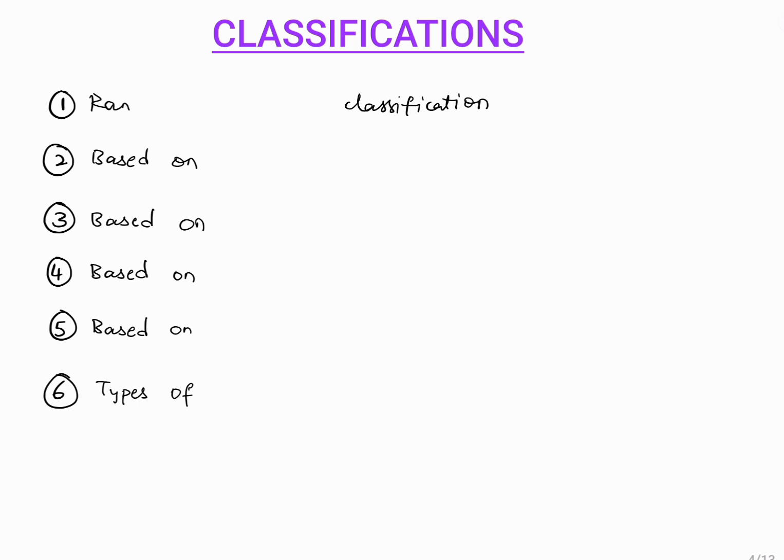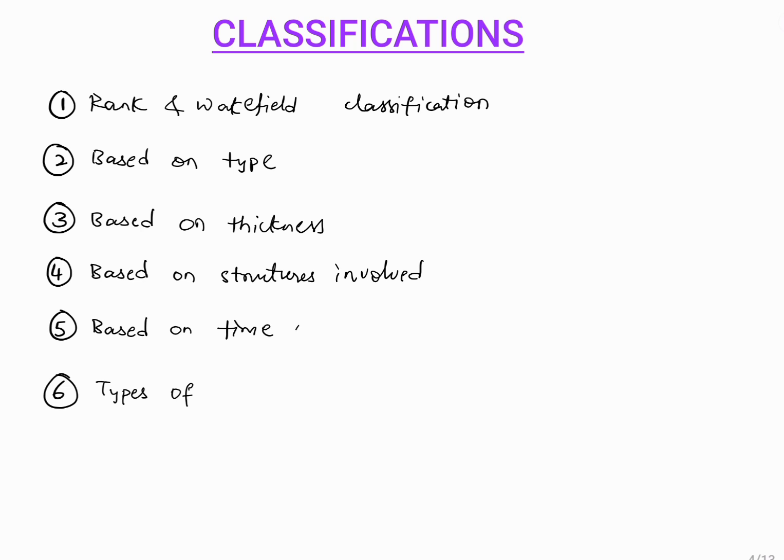They are Rank and Wakefield classification, and other classifications which are based on type of wound, thickness of the wound, structures involved, time since injury, and finally types of surgical wounds. These are the major 6 classification systems to classify the wounds.